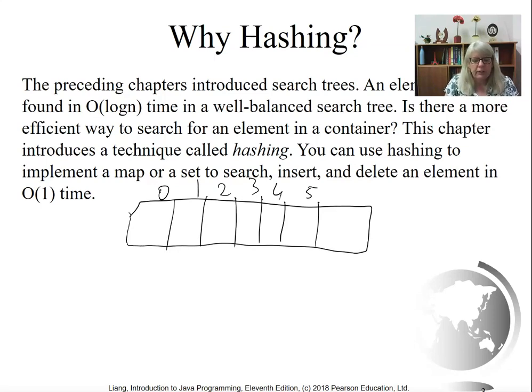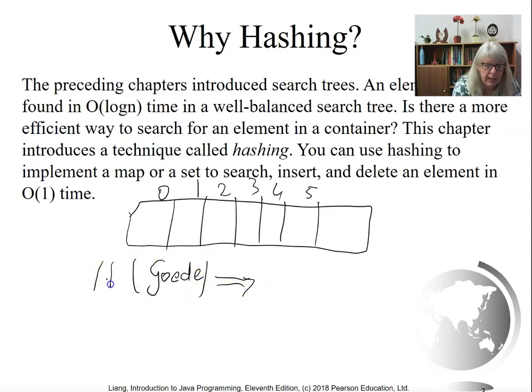So if I take my surname, which is Goede, hashing works by taking the key, in my case Goede, and doing something with it, hashing it, performing a hash function on it, and then it will end up with a number.